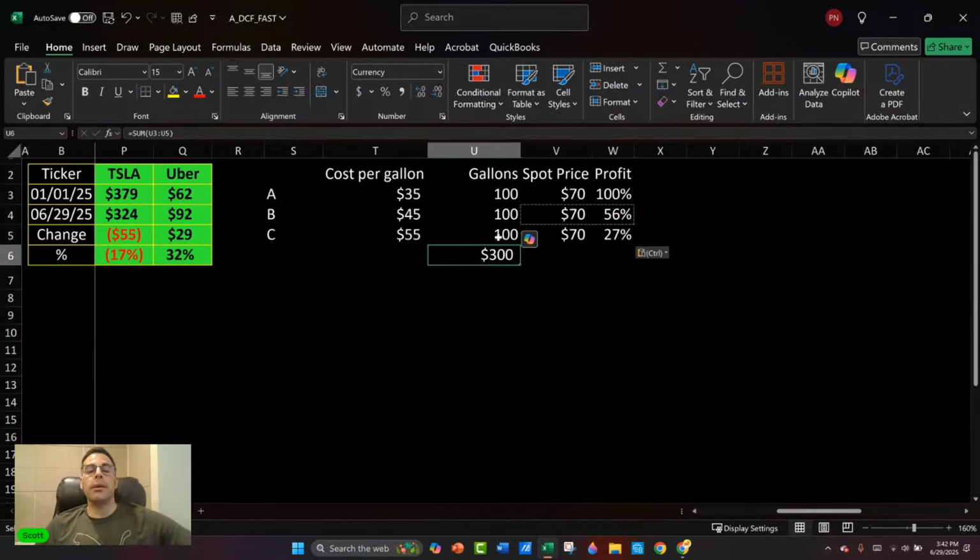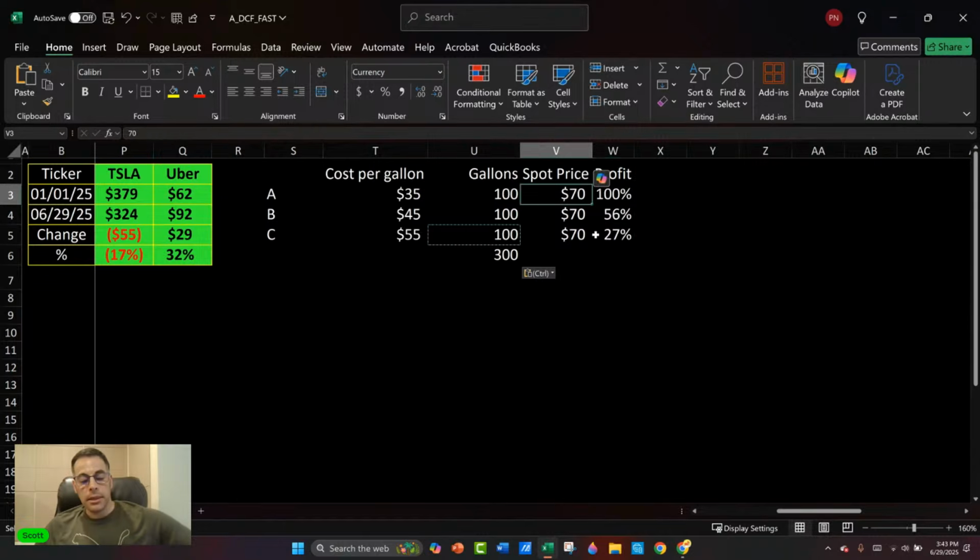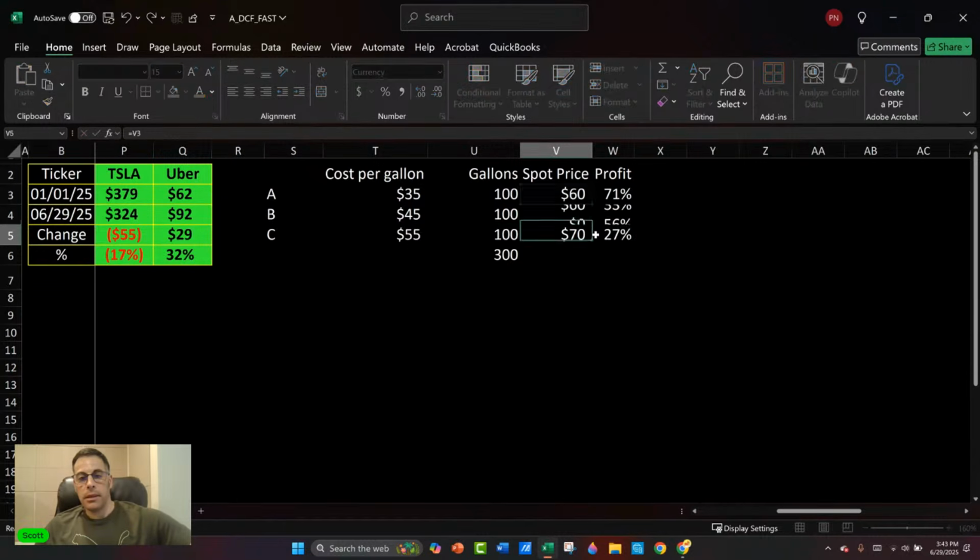So if they're able to sell 300 million barrels of oil, they'll produce all 300 million and just be a little less profitable as they go down the pipeline. That's if oil is $70. What if oil drops to 60?